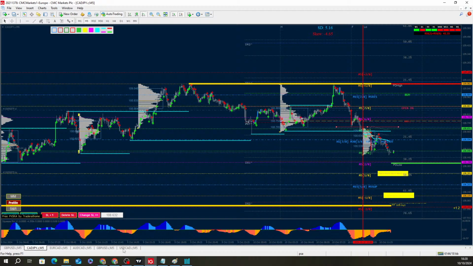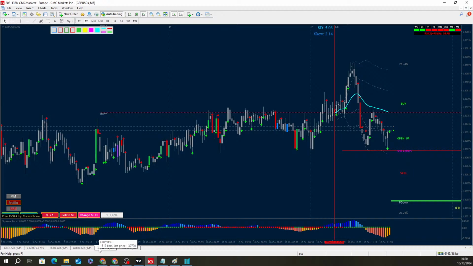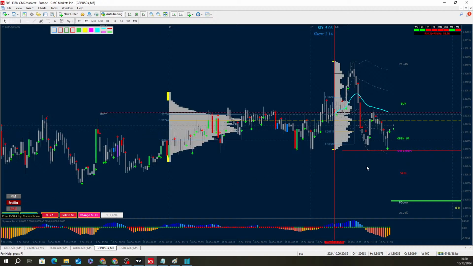So that's the picture. Let's look at the pound. So the pound is not breaking the structure. We might have another structure formed here. Once the price breaks this place, this internal high, it will give us another structure to the upside.